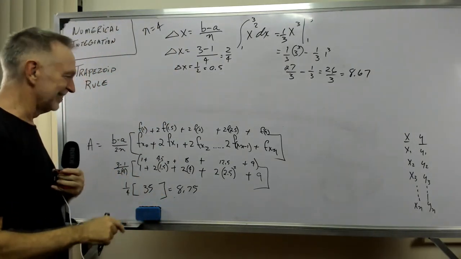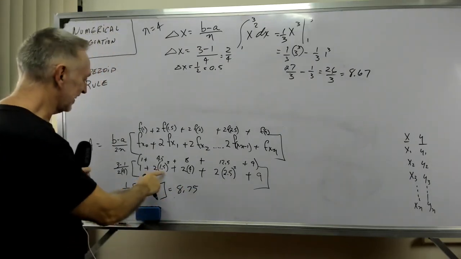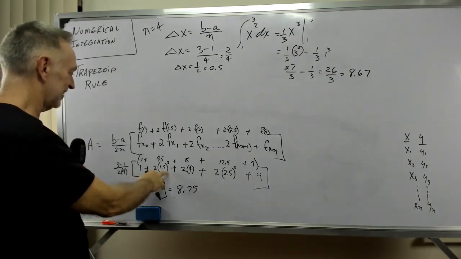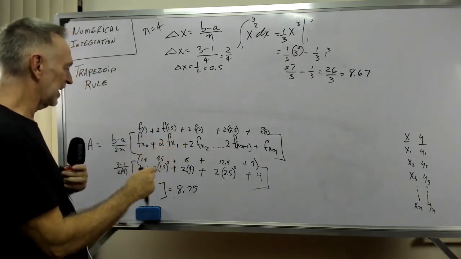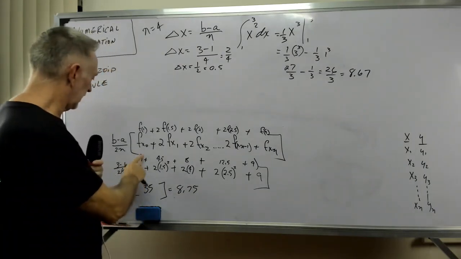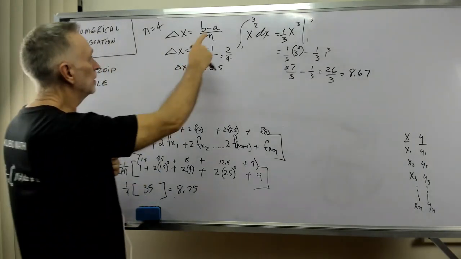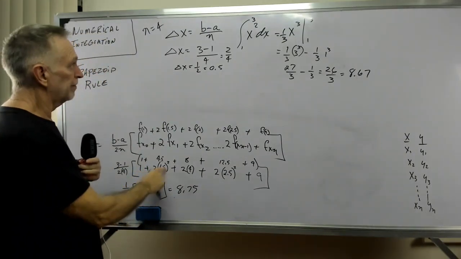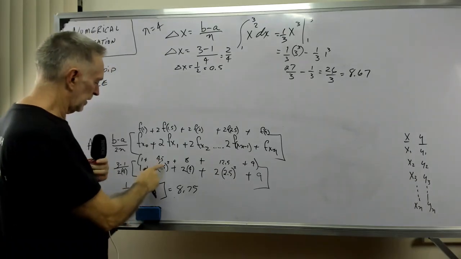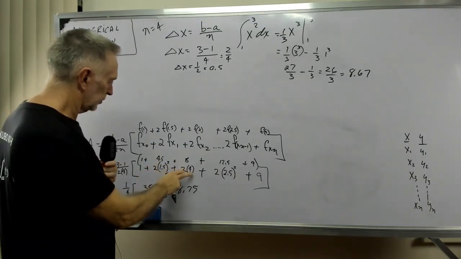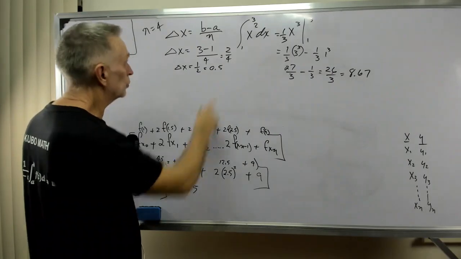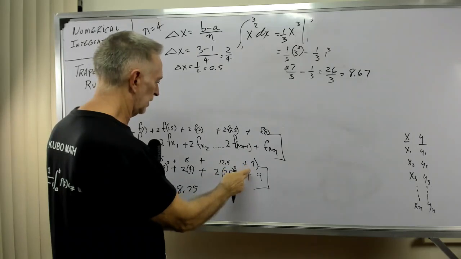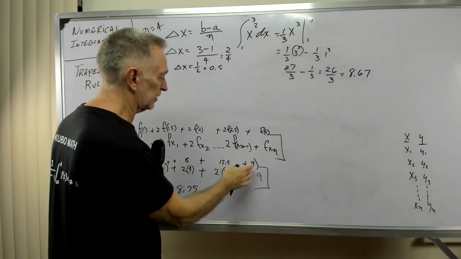I worked this out. Sorry, I paused it because I needed to grab my calculator, rather than working this out on the board, for the sake of time. So we had f of x sub 0, which was 1 squared, which is 1, and then 2 times 1.5 squared, plus 2 times 4 is 8, or 2 squared, and then 2.5 squared times 2 gave me that number, and then 3 squared, which was f of x sub n, gave me 9.